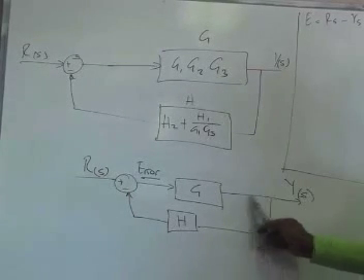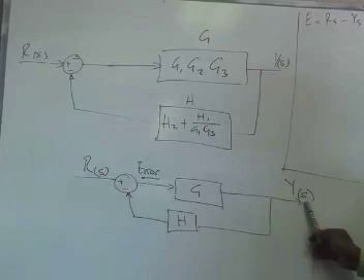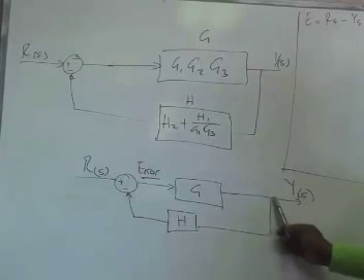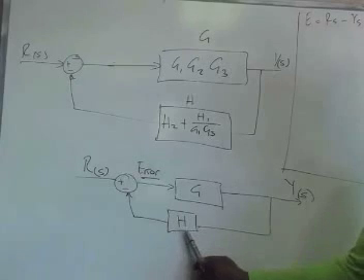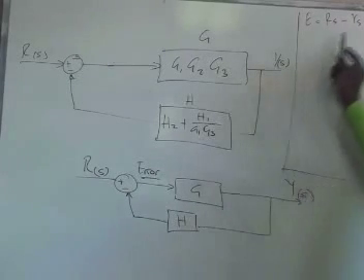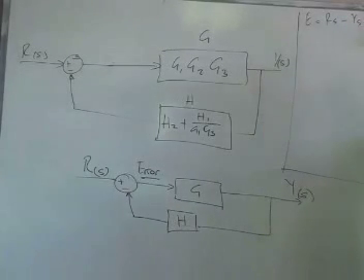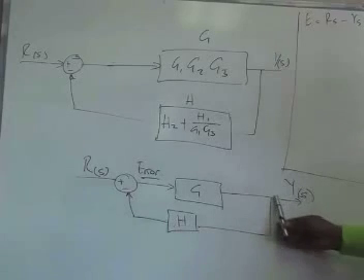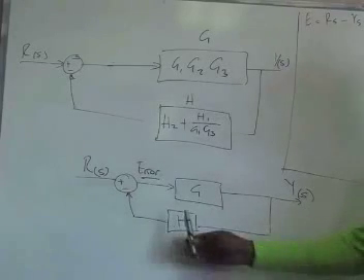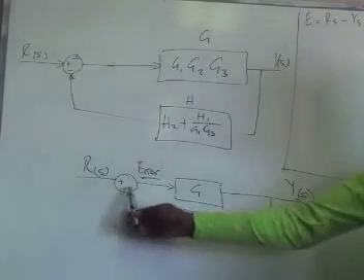This whole thing is Y(s). So we are picking Y(s), and we are passing it through H. So what is the signal? Y(s)H. Let me remove the H(s), I didn't put the S there. Are we together? Yeah. We have picked Y(s), we passed it through H, and we are subtracting the whole thing.